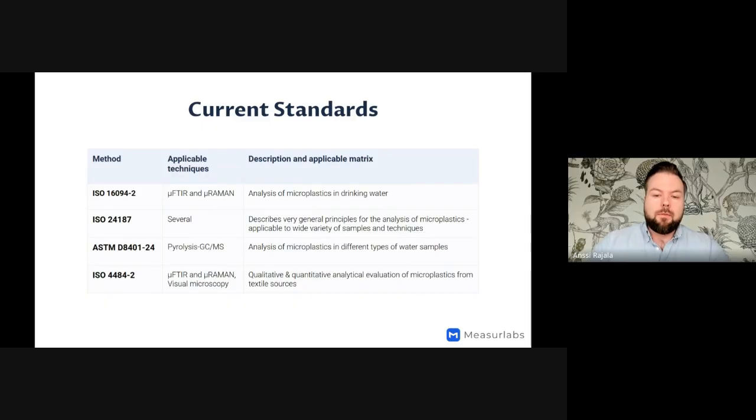And also we have ISO 24187 accredited for water samples that have high particle load, so for example environmental water samples or wastewater samples and such.